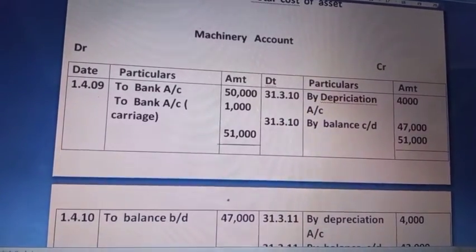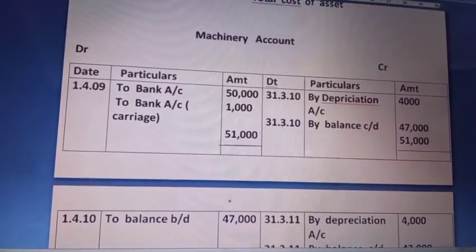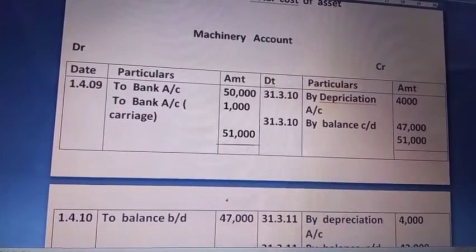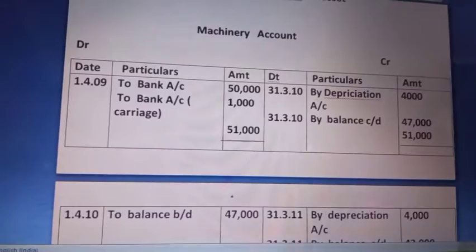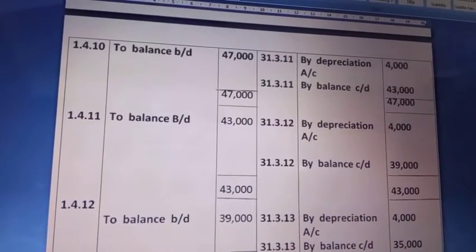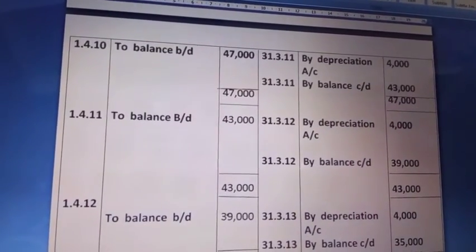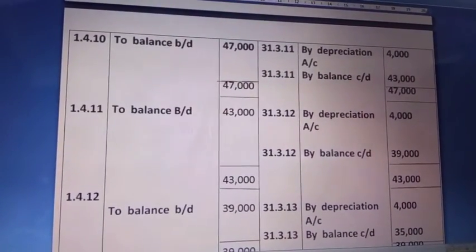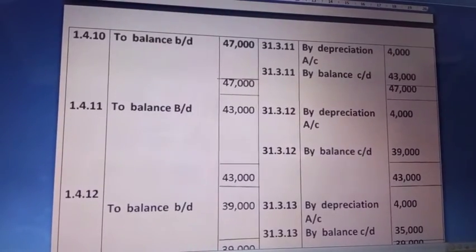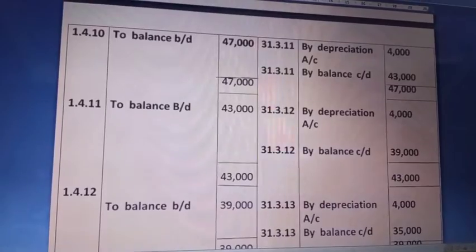Okay, now next year on 1st April 2010, balance BD is brought down as 47,000 and depreciation also remains the same, 4,000. So balance CD, the closing balance, comes to 43,000 and that makes the total 47,000. Similarly, balance BD on the next opening date, 1st April 2011, is 43,000, and depreciation remains the same at the end of the year.